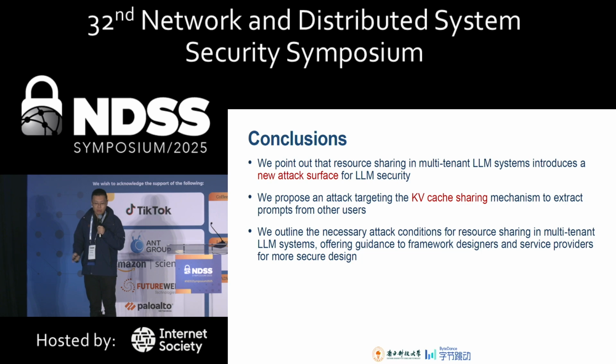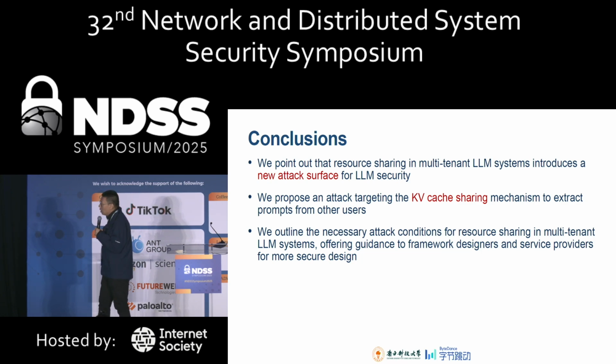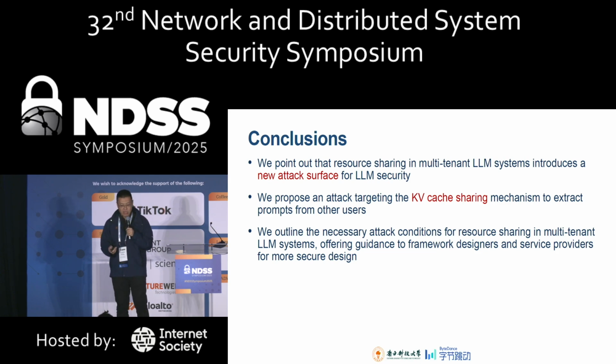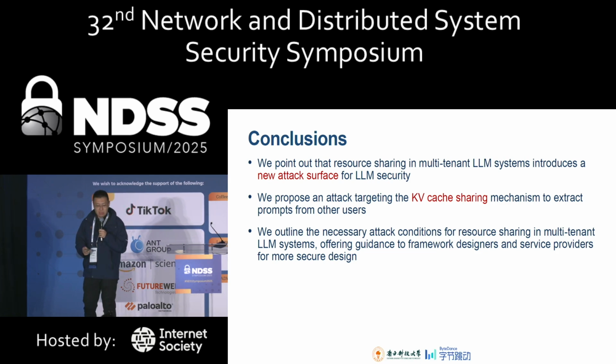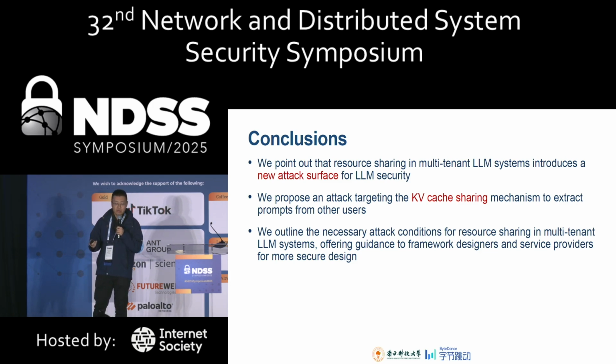Let me just do a quick summary of our paper. We identify a new attack surface in multi-tenant large language model inference services, and the root problem of this side channel is the sharing of KV cache across different users. Just a disclaimer: we did not aim to target any online serving deployment.